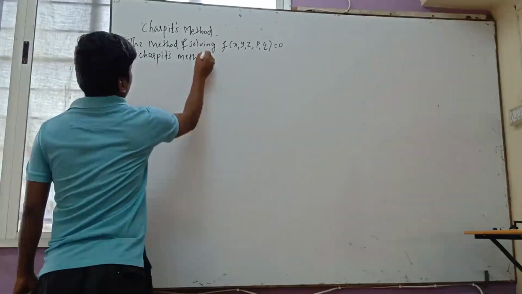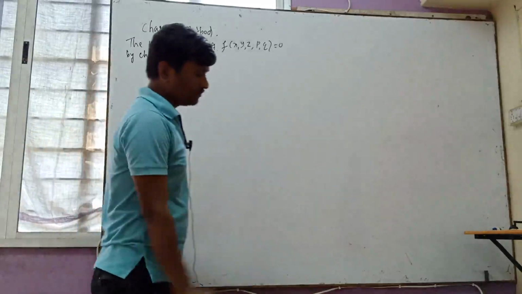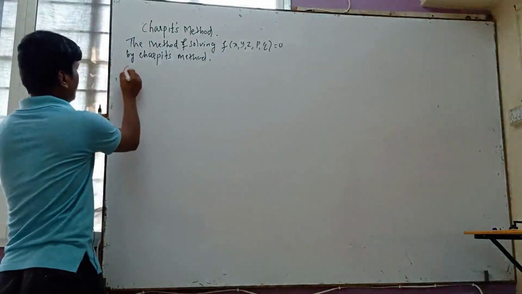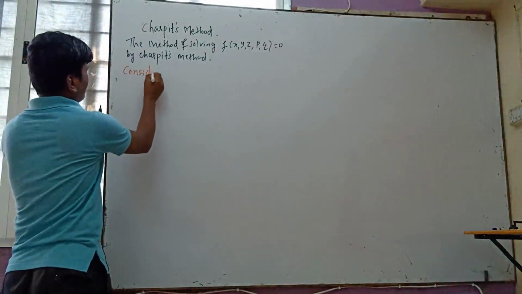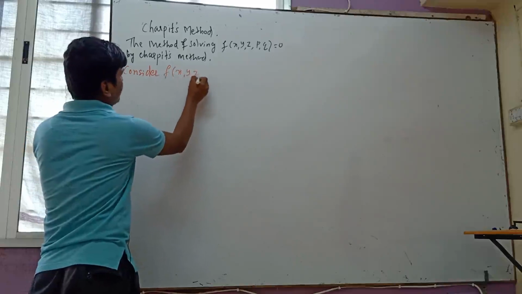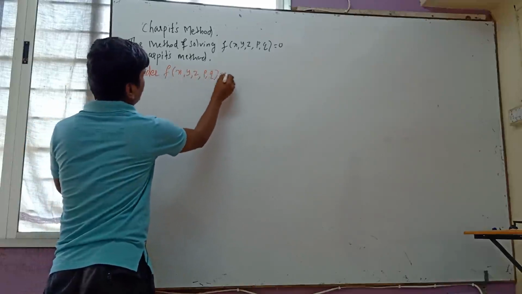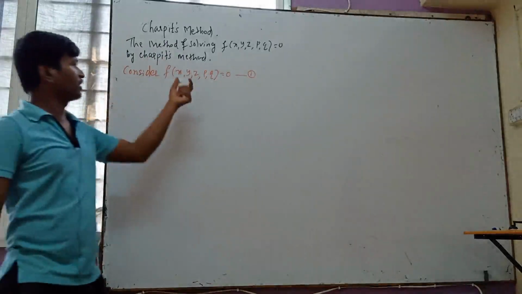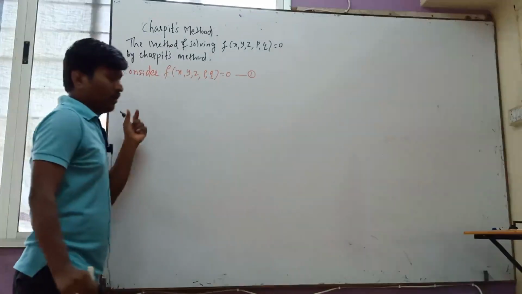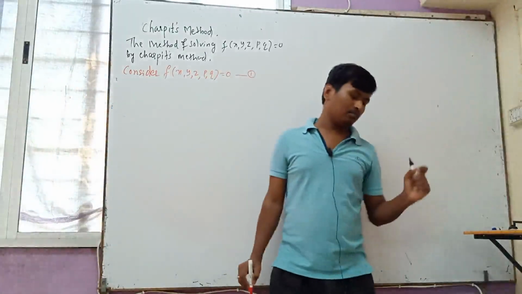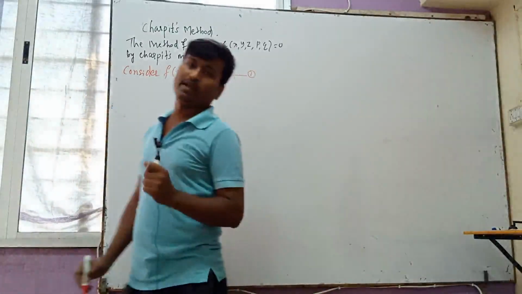First, consider the given equation f of x, y, z, p, q is equal to 0. Call it equation number 1. This is the given equation, and we shall find one or more solutions in x, y, z.